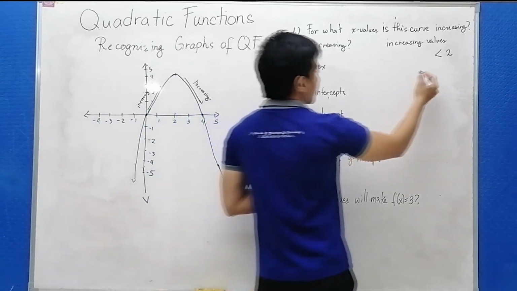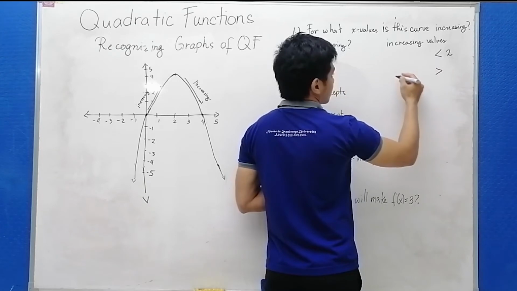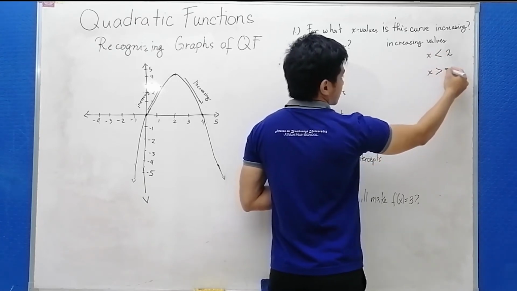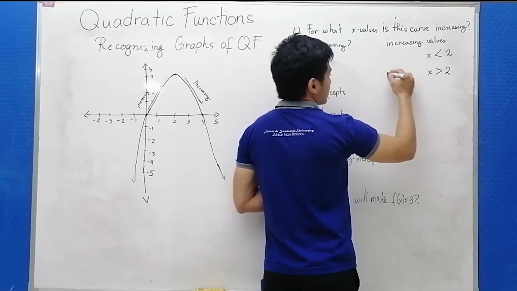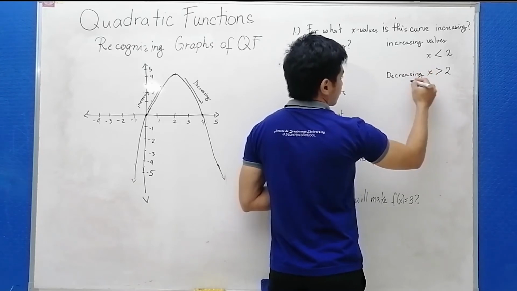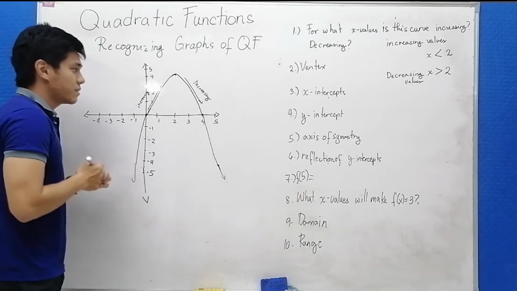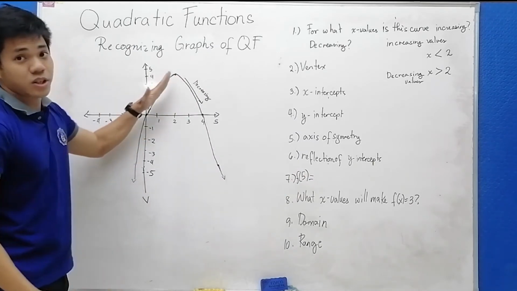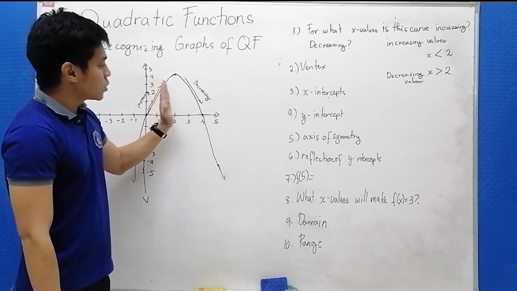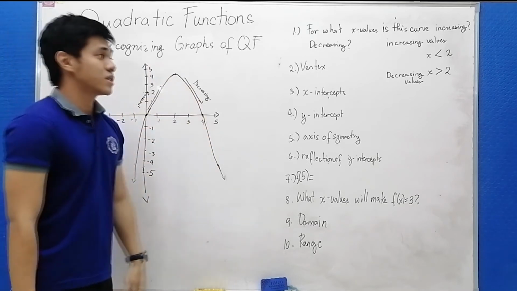The values must be greater than 2. So if x is greater than 2, it is decreasing in values. As we look at the graph, if x is less than 2, it is in an increasing shape, and if x is greater than 2, it is in a decreasing fashion.